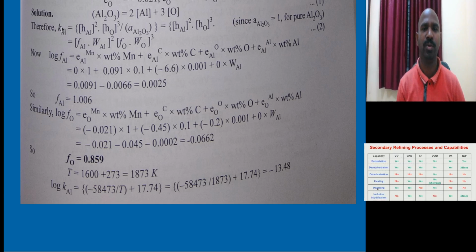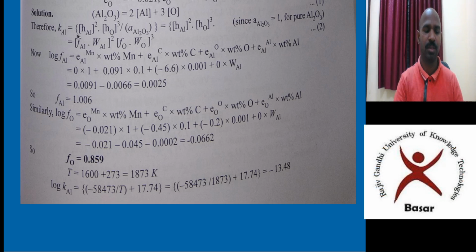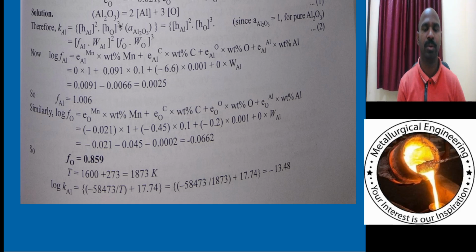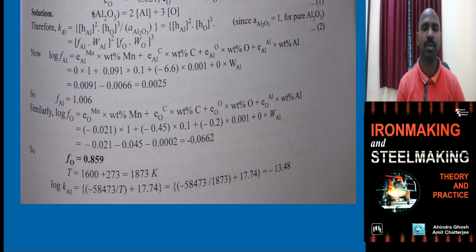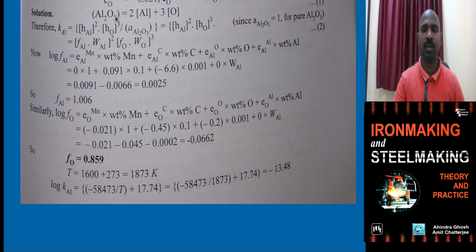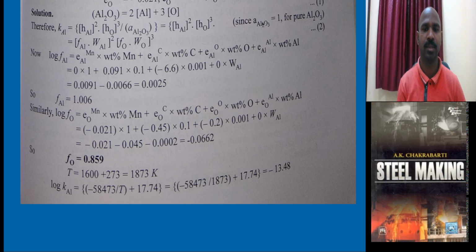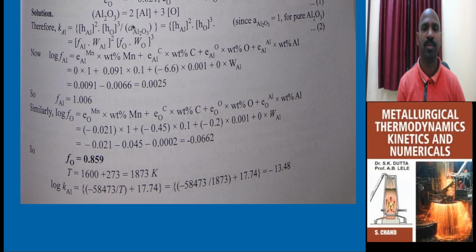When you rewrite the equilibrium constant of aluminium, it becomes the Henrian activity of Al squared, times the Henrian activity of O cubed, in the denominator, with the Raoultian activity of Al2O3 as the product. Since Al2O3 is a single component going out as slag and can be easily removed, assume that the activity of Al2O3 equals 1.